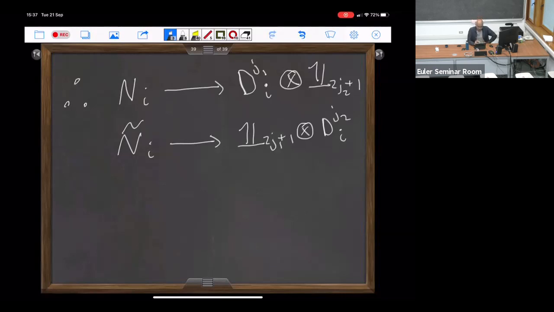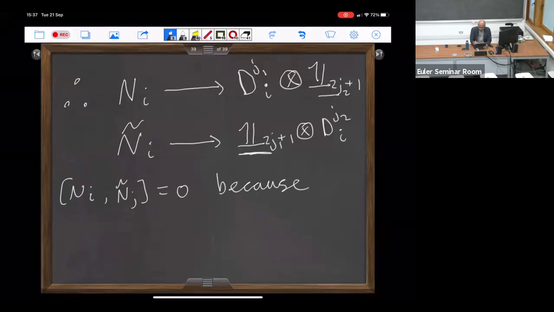Now, it remains to verify that these two sets of matrices commute with each other. This is true because of these identity matrices which are here, in a sense, and the way the tensor product works.